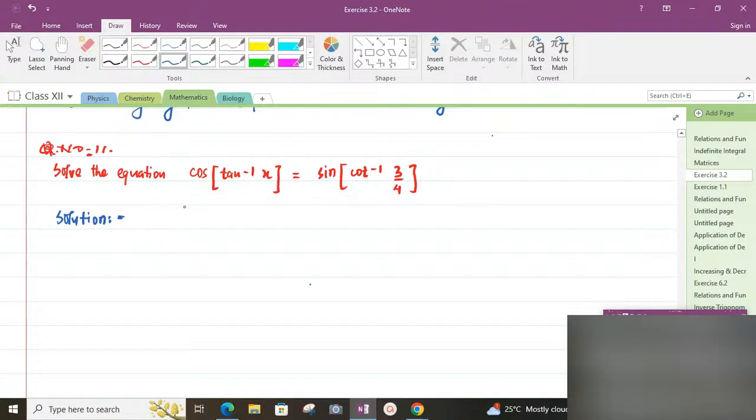So here we convert tan inverse x into cos inverse. Then we write down here cos inverse, and we know that tan theta equal to p by b, and cos theta equal to b by h. So here we have p equal to x and b equal to 1.